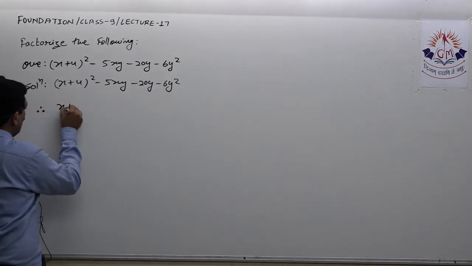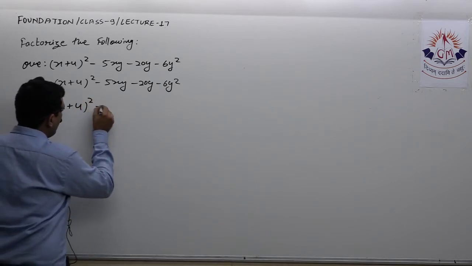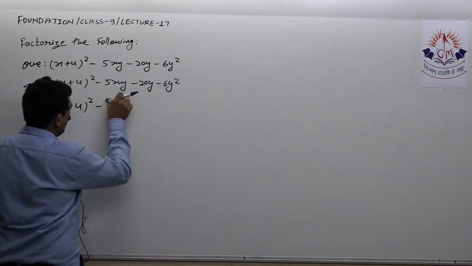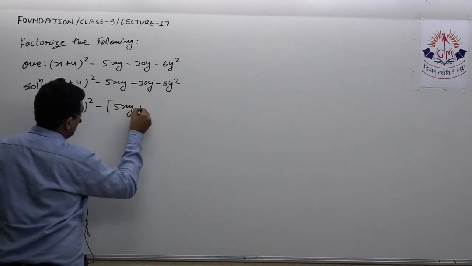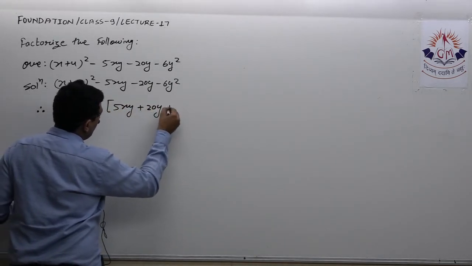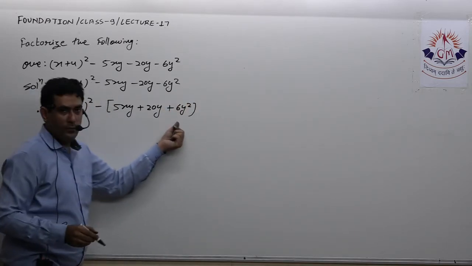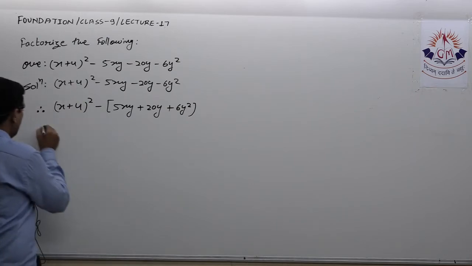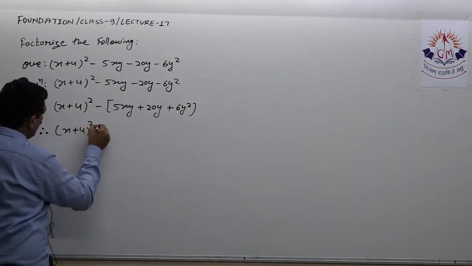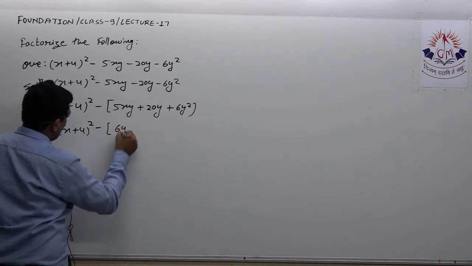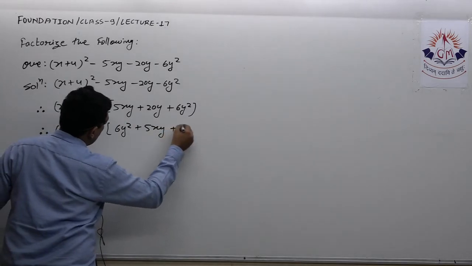So first of all I am taking the minus sign common. So here I get 5xy plus 20y plus 6y square. So this might be a complete square because we have 6y square over here. So let me rewrite this: (x plus 4) whole square minus (6y square plus 5xy plus 20y).